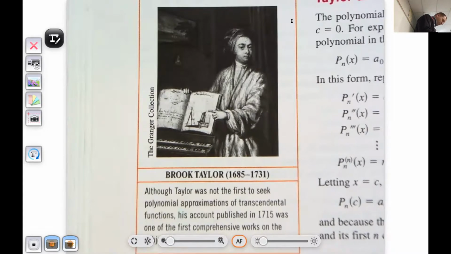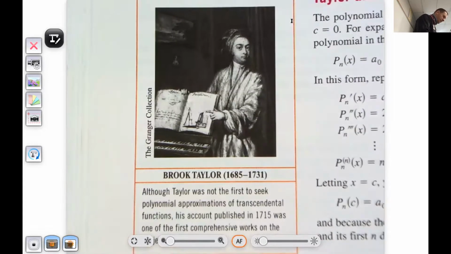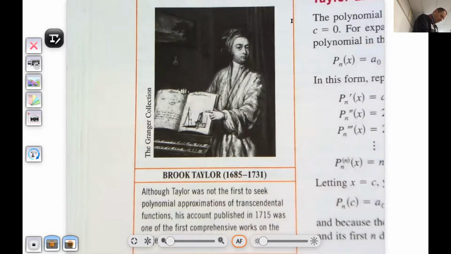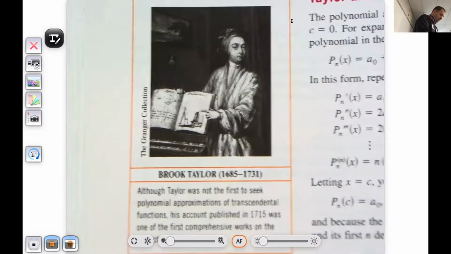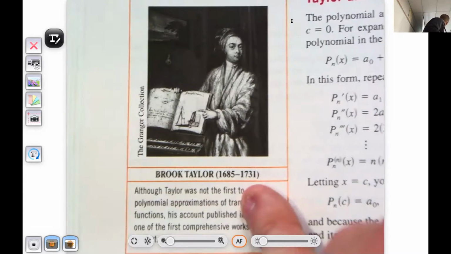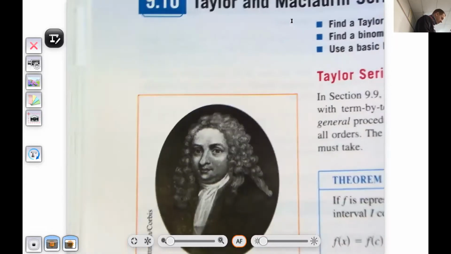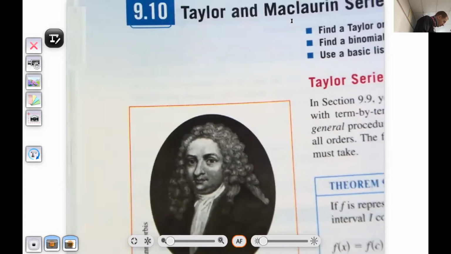I wonder who came first. Let's see, were they around the same time frame? I forget when the other guy died. Wow. Yeah, but what year? So Taylor died in 1731. Maclaurin died in 1746. So he lived 15 years later.